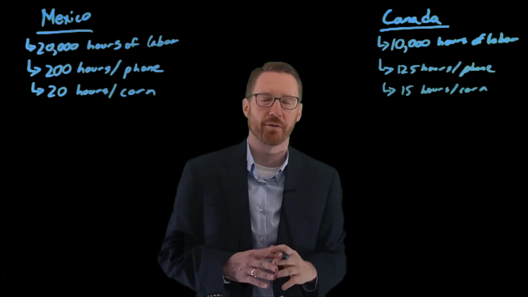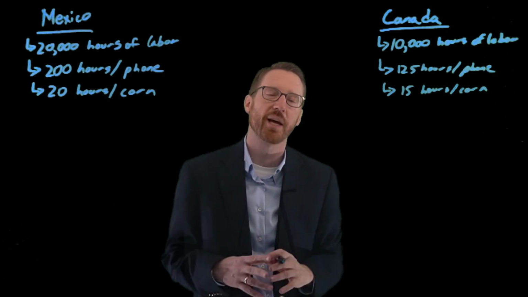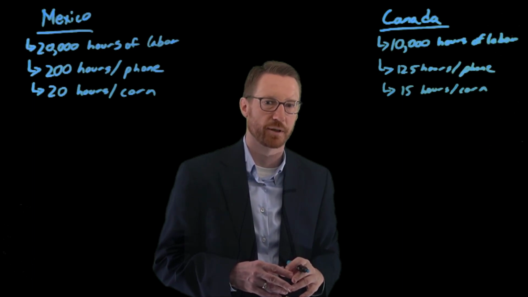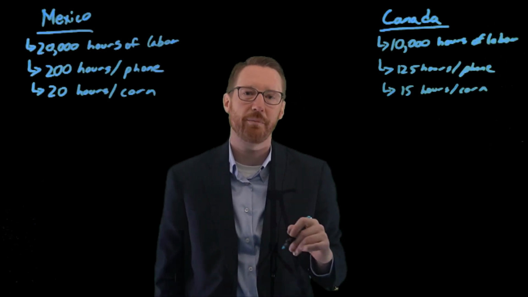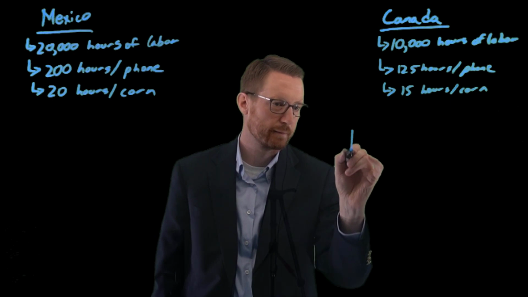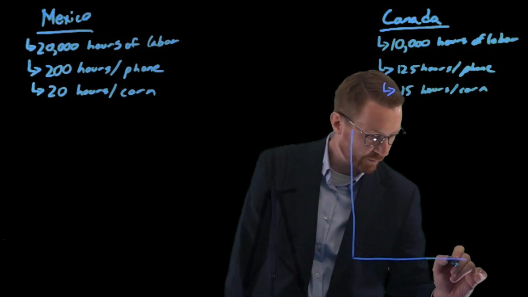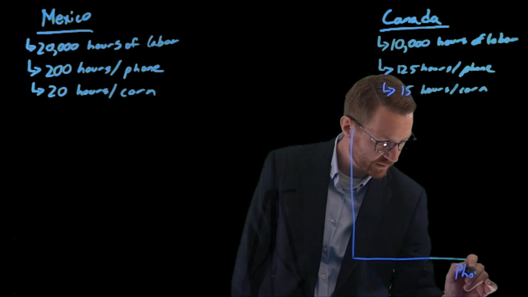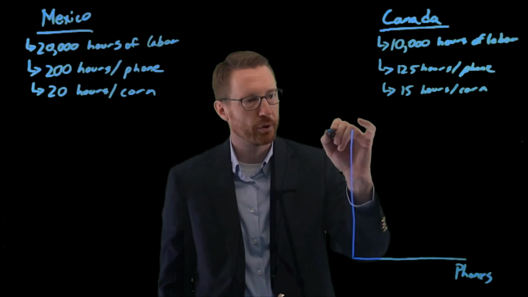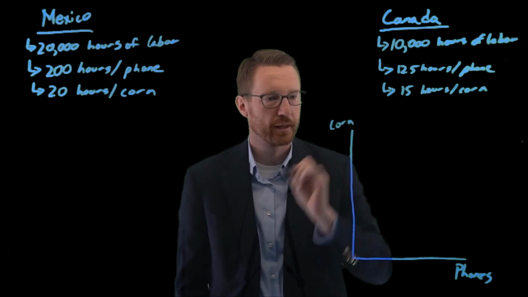Okay, we've got enough information now that we can start setting up their production possibility frontiers. So let's set up a PPF for each country. And we'll put phones on the horizontal axis, and we'll put corn on the vertical.